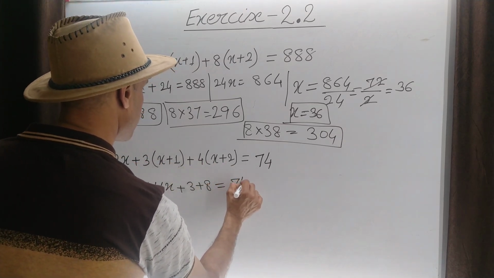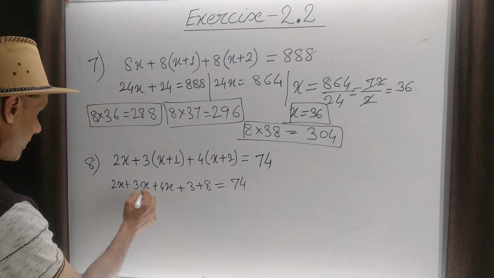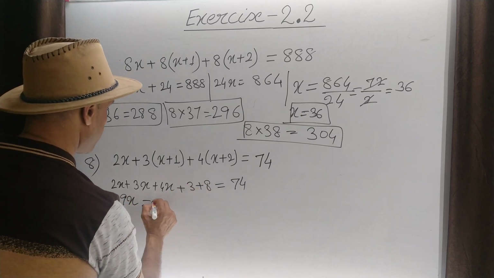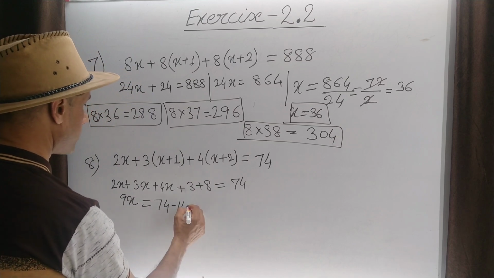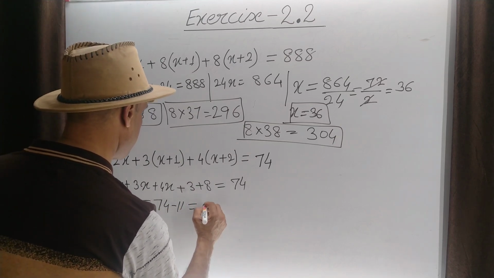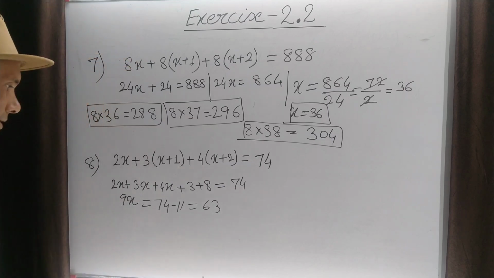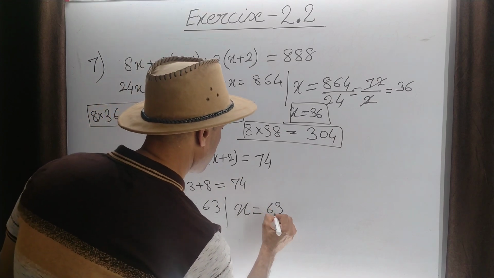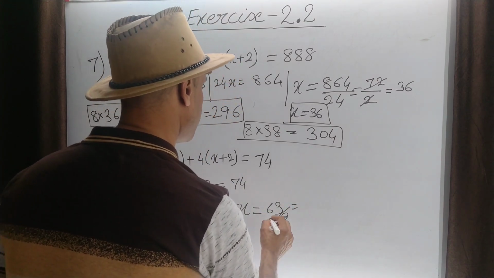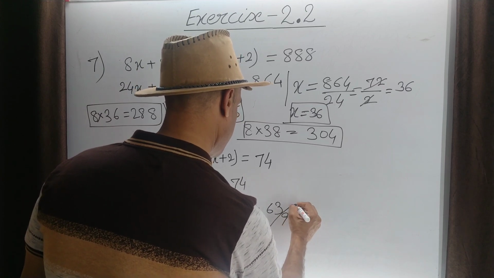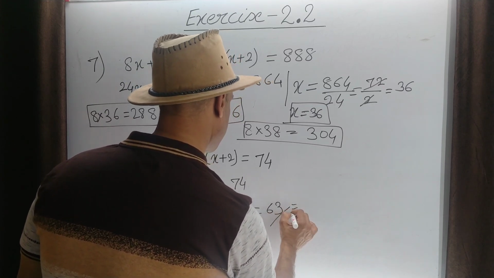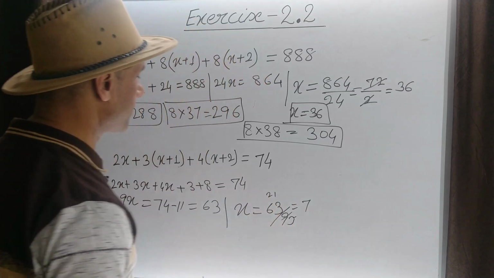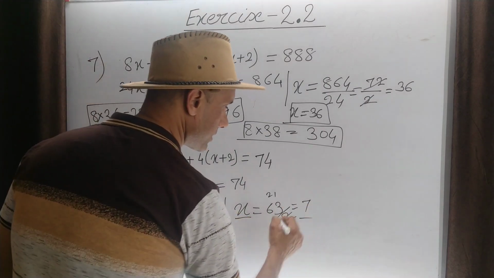So we get 5 plus 9x, correct, is equal to 74 minus 11, which is 63. So we get the value of x as 63 divided by 9, that is 7. So the value of x is 7.